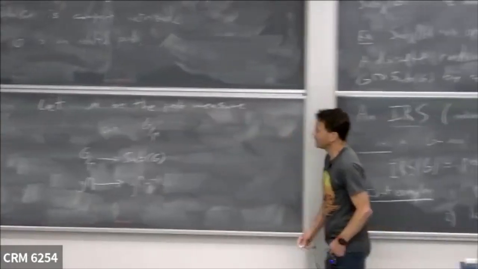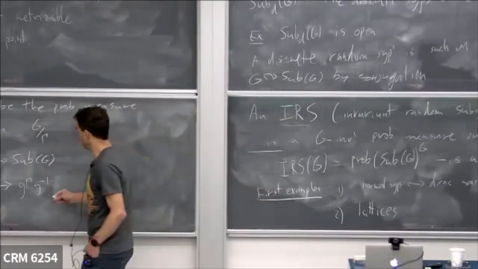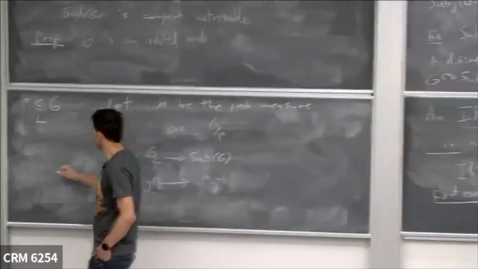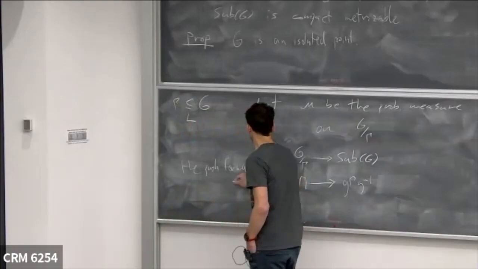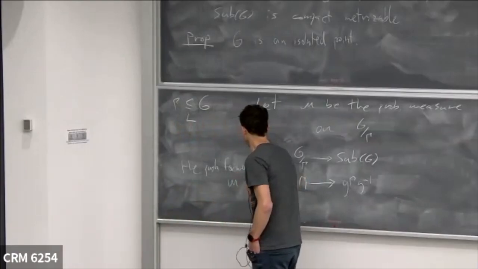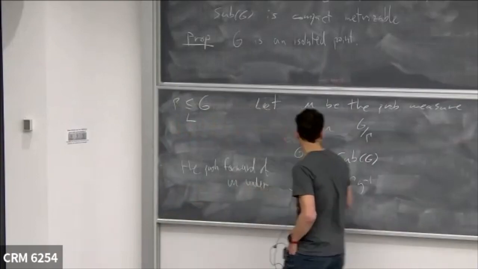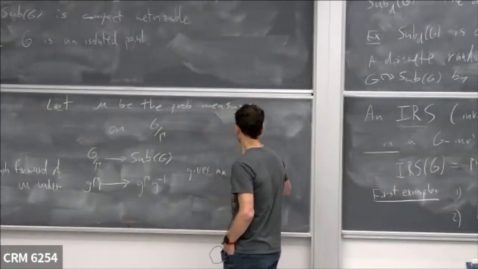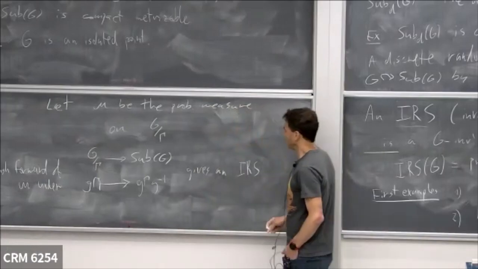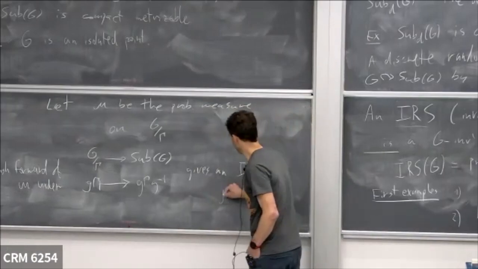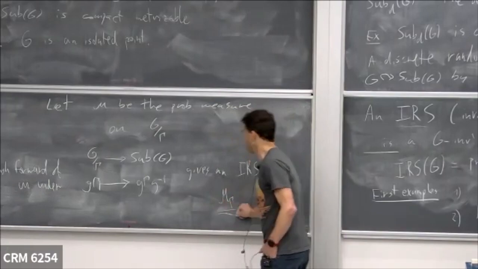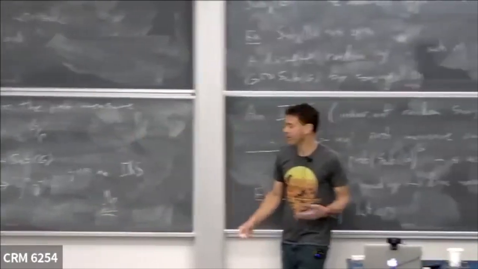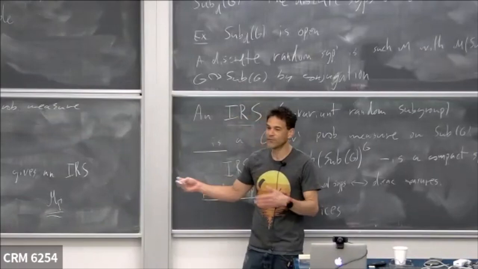The push forward of mu under that map gives an IRS, which we denote by mu gamma.